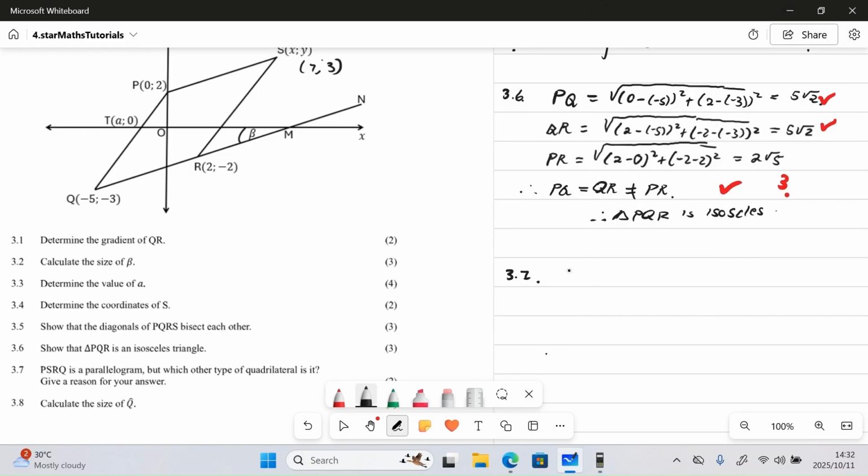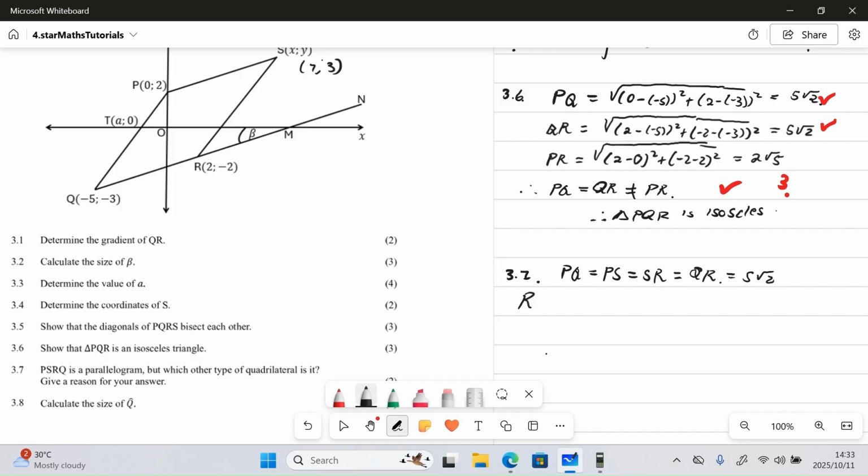So meaning the distance of PQ is equal to the distance of PS, which is also equal to the distance of SR, which is also equal to the distance of QR. They are all equal to 5 root of 2.